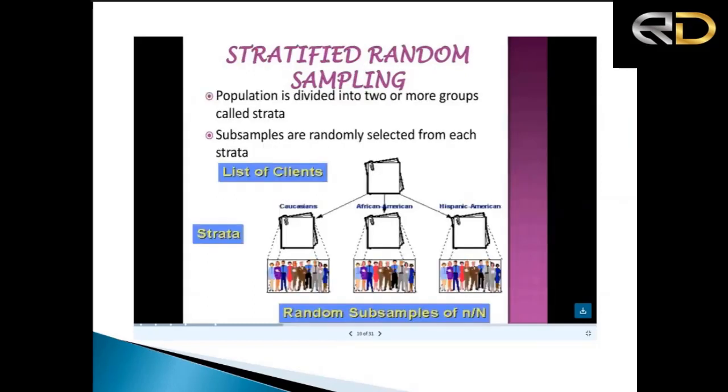Now, suppose the population is not homogeneous for the characteristic under consideration, it is heterogeneous. So what we do, we make groups of homogeneous units known as strata. We partition the whole population into different strata on the basis of the homogeneity within the strata.